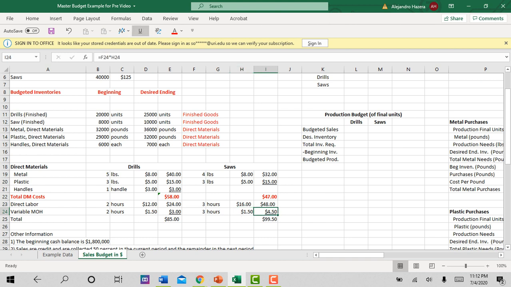so it's $4.50. Okay, so the total cost for each, I'm going to put here total unit cost for each one of these types of products.